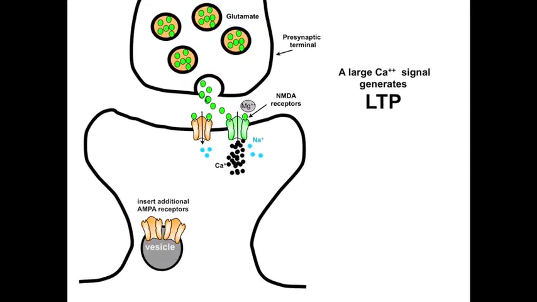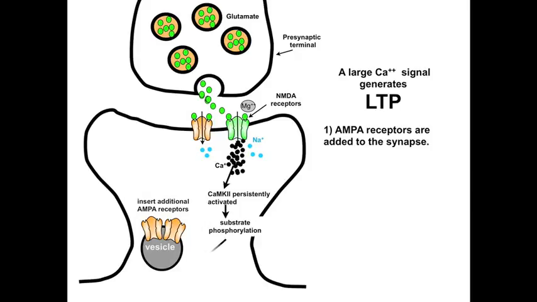But now let's consider what the activated kinase actually does. First, there has to be a large influx of calcium due to the strong stimulation of the synapse. There, it's a large calcium signal. The calcium binds to the calmodulin and activates the CaM kinase 2. The activated kinase then phosphorylates a substrate, which then activates a series of very poorly understood events.